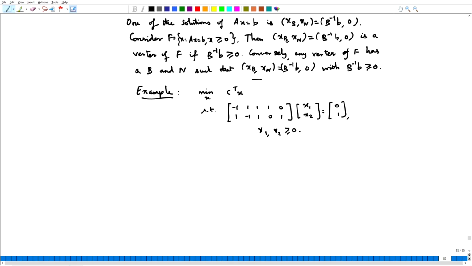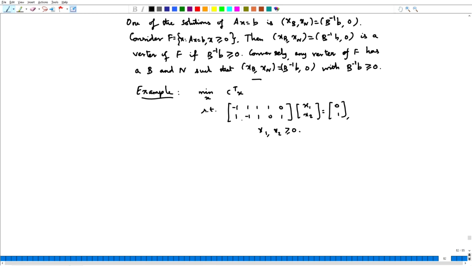So, you have a 2 cross 5 matrix, and you need to choose 2 columns that are linearly independent. You can see that out of these 5 columns, 1 and 2 are dependent, because when you multiply the first column by minus 1, you get the second column.